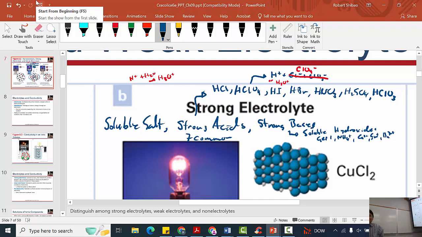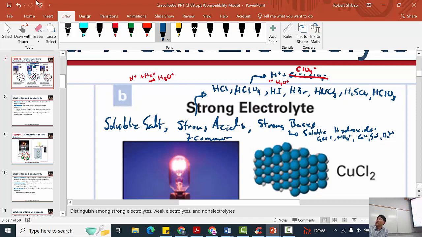Sodium hydroxide is a strong base. Soluble hydroxide is a strong base. Lithium hydroxide, soluble or insoluble? Soluble. Lithium hydroxide is a strong base. Potassium hydroxide. Strong. Rubidium hydroxide. Cesium hydroxide. Soluble, strong base.